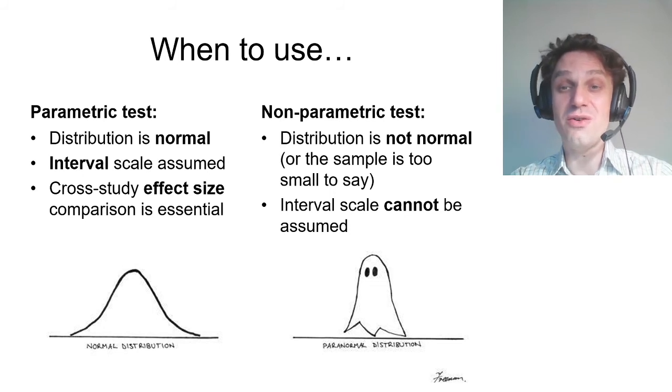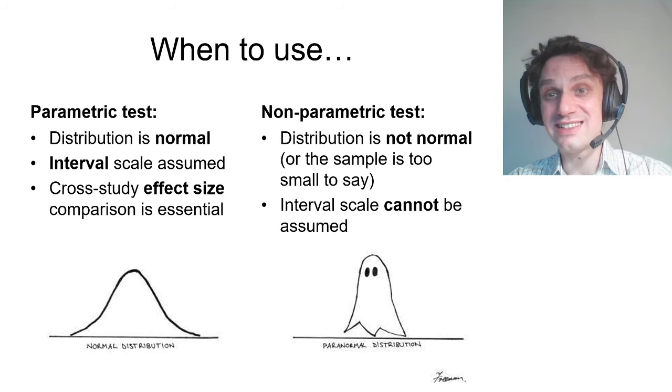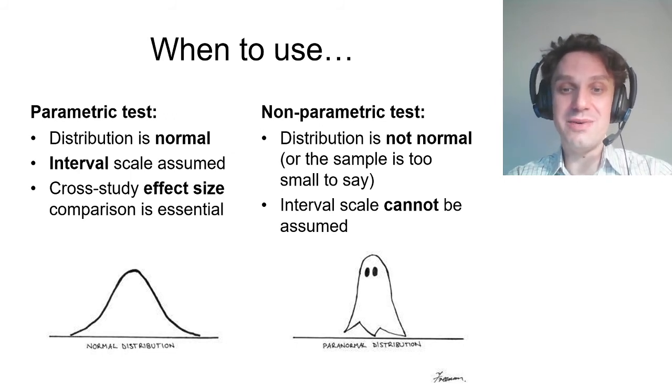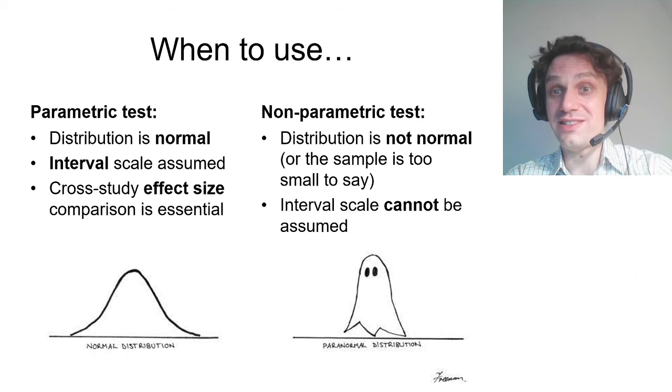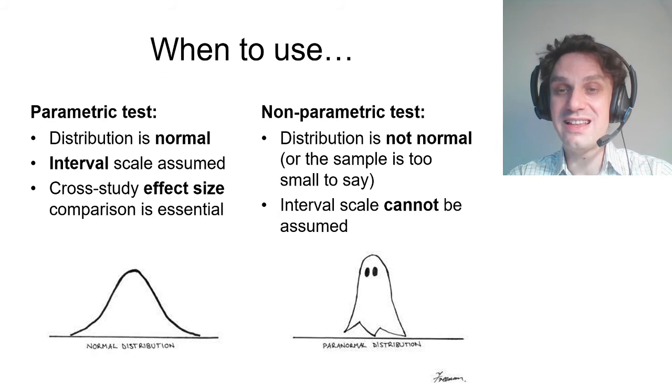And that's why we also make a distinction between parametric and non-parametric statistics. When we say parametric, we usually mean statistics that assume a normal distribution, because in order to define a normal distribution, you only need 2 parameters, mean and standard deviation. And these parametric statistics also assume interval scale.